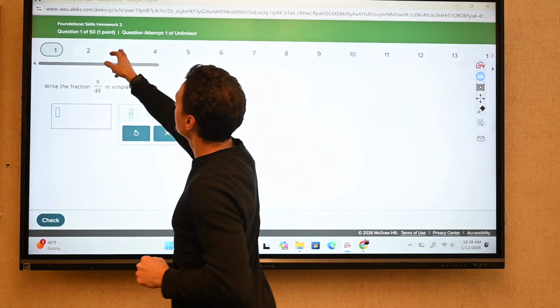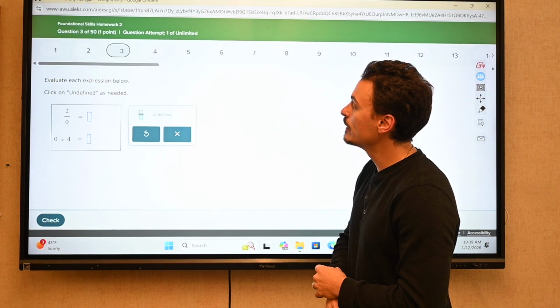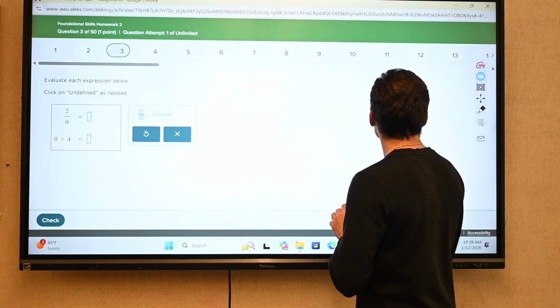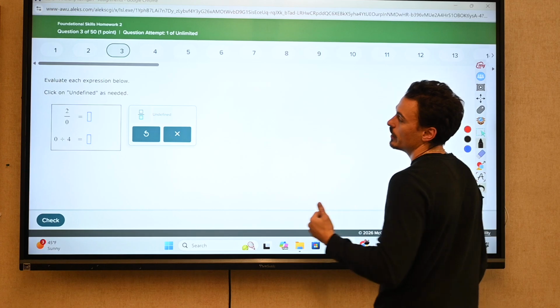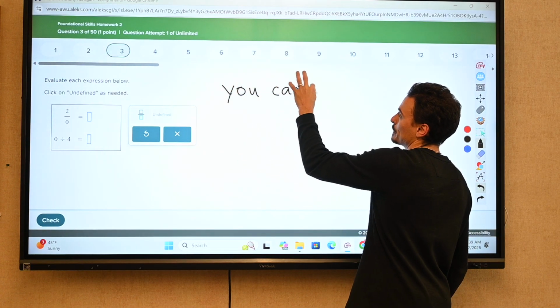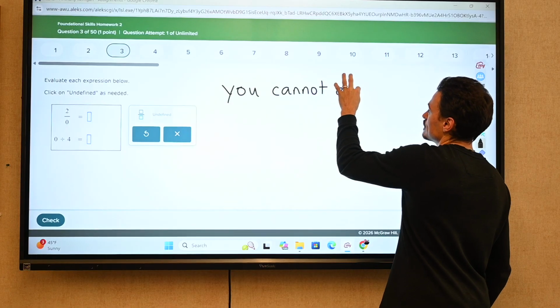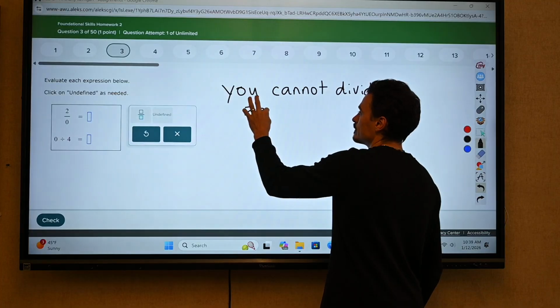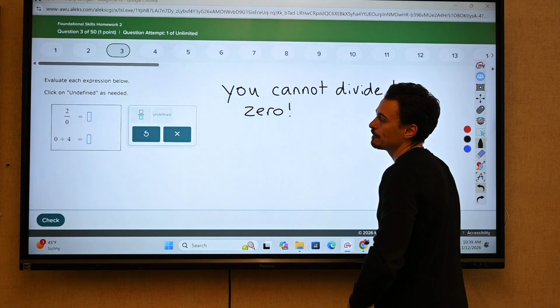Number 2 is the same as number 1, but number 3 is talking about dividing with 0. Okay? You might not know this rule, but you cannot divide by 0. Okay?